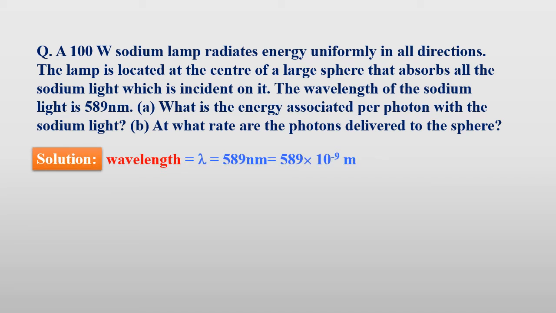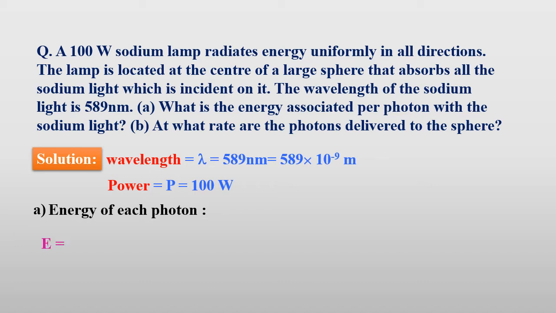The wavelength given, lambda, is 589 nanometer, which can be written as 589 into 10 to the power of minus 9 meter. Power P is equal to 100 watt. First, the energy associated per photon, that means each photon.